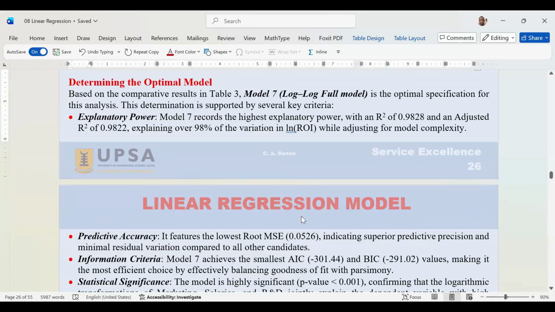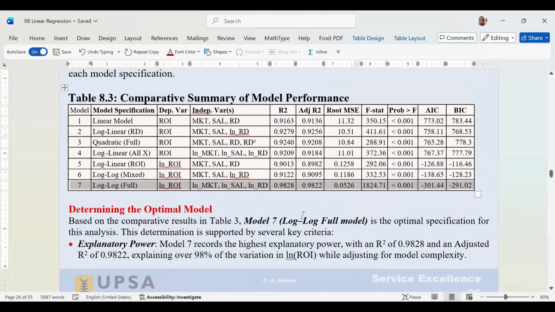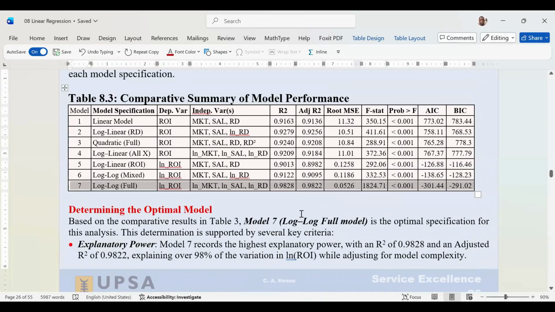Prof, could you explain the AIC and BIC again? I'm not thinking the log model with the smallest AIC, BIC is always the best. But you realize that whenever you transform in finance, when you transform the dependent variable, most of the time it automatically gives you almost a negative AIC and BIC.